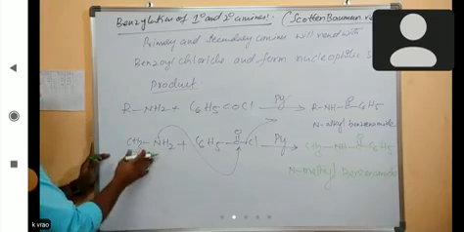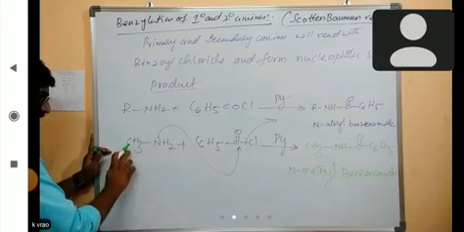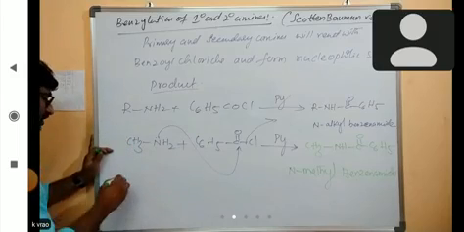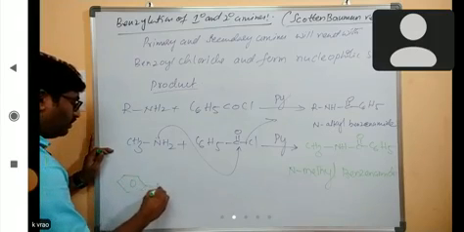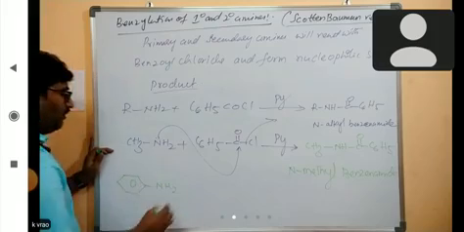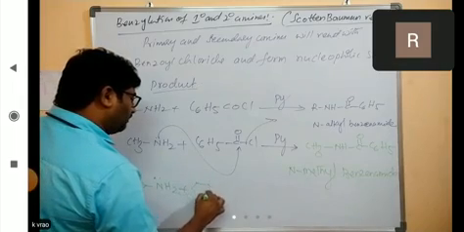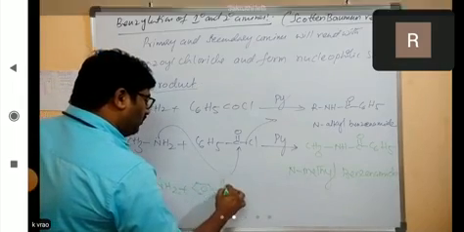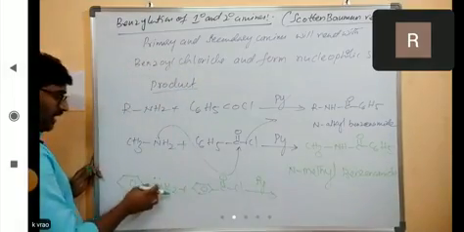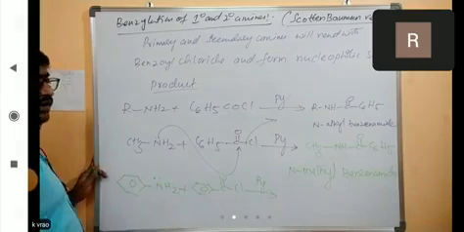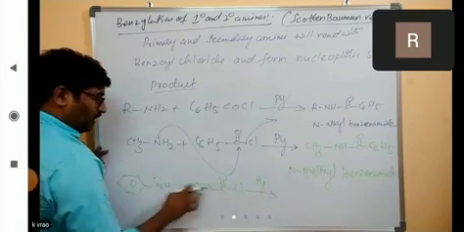If I take secondary amines, as usual, same method. If I take R is equal to benzene here, instead of the methyl, this is called aniline. Aniline plus benzoyl chloride, C double bond O Cl, in presence of pyridine, gives N-phenyl benzenamide.